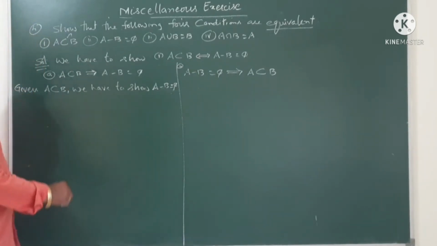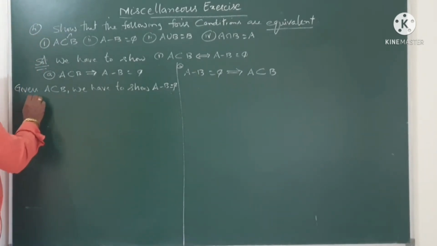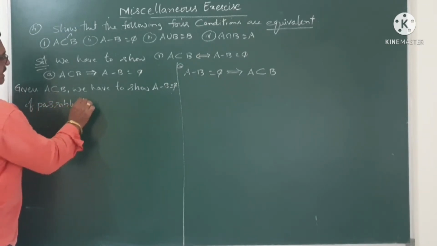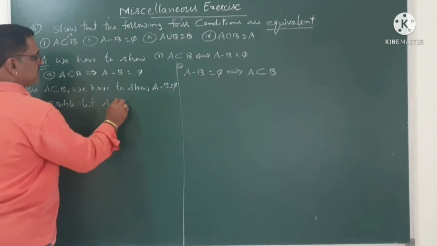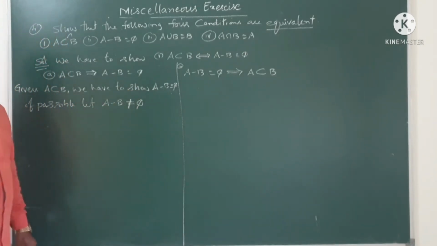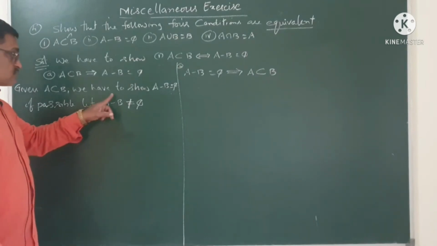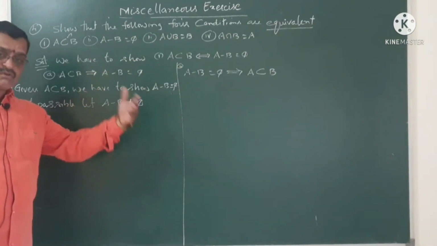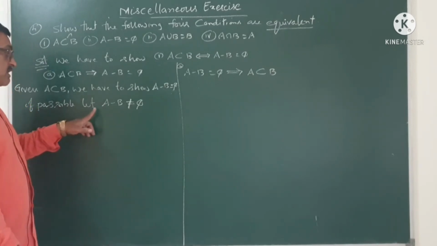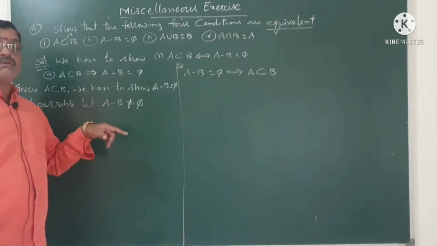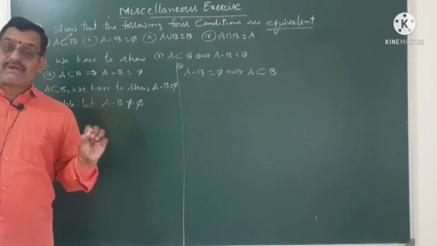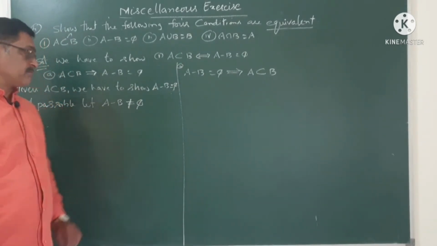But this is, if possible, let A minus B is not equal to phi. We have to show A minus B is equal to phi. It's obvious, but for that we have taken, let A minus B is not equal to phi. This is called the contradictory method. I'm following that.